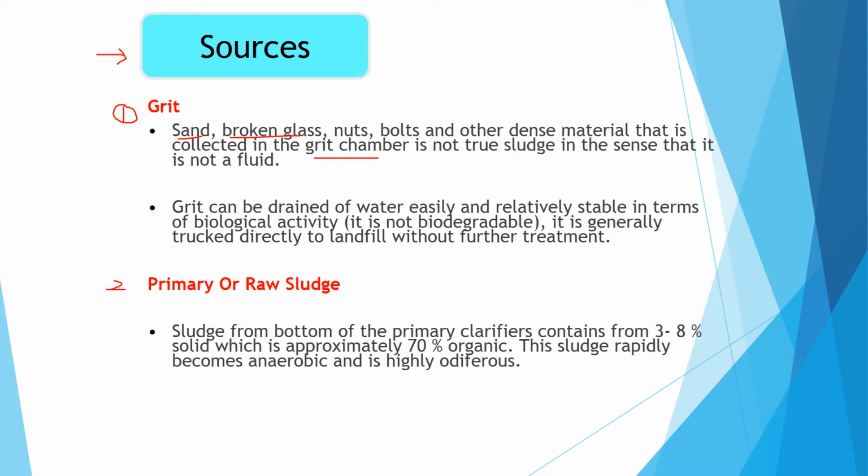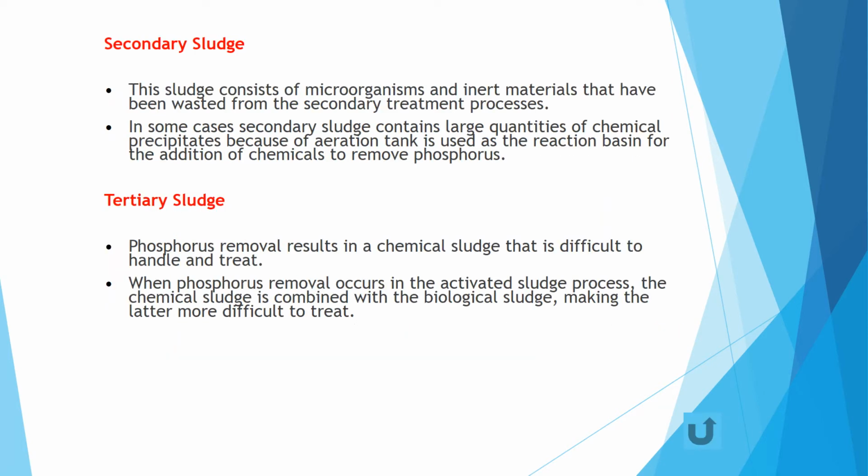Then the second one is from the primary or raw sludge. Sludge from the bottom of the primary clarifier contains from 3 to 8% of solid, and 70% of it is organic contaminant. Okay, next is the secondary sludge, which is from the secondary treatment.